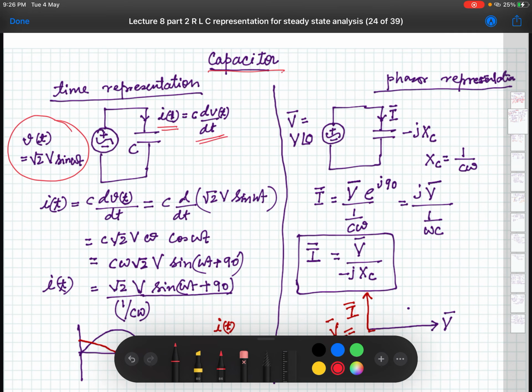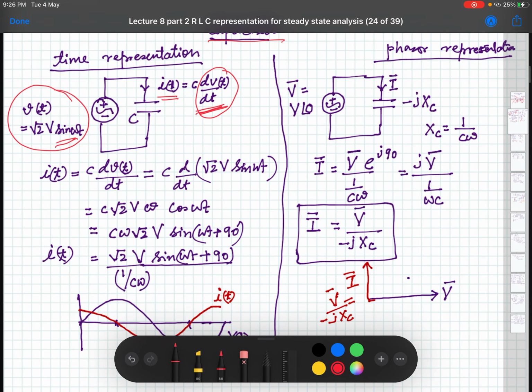We are always talking about steady state. Don't imagine what happens when t equals 0. We are imagining that t equals 0 or the transient business has gone out of the question. Since sine omega t is a varying quantity, this does exist in steady state too.